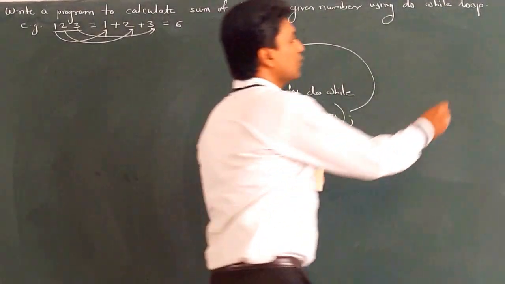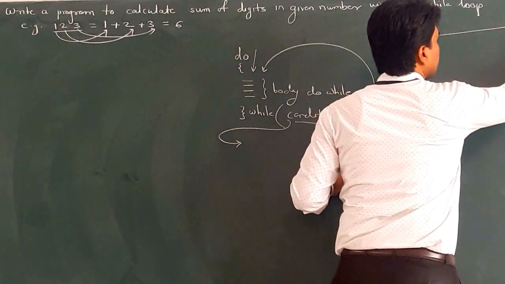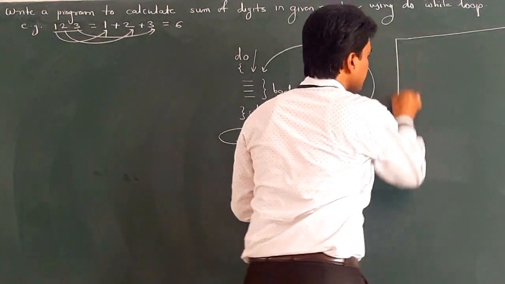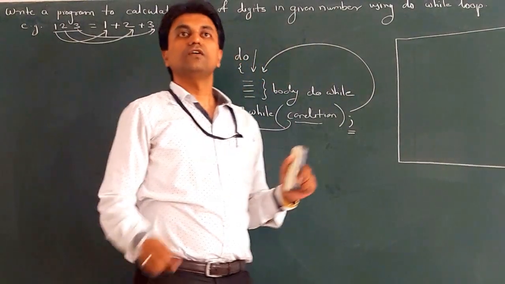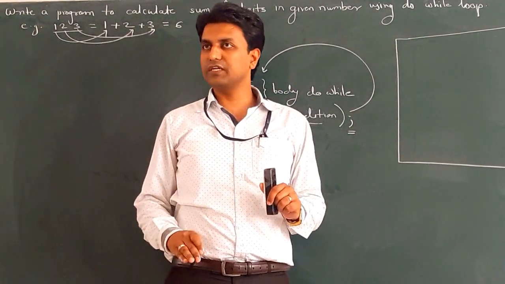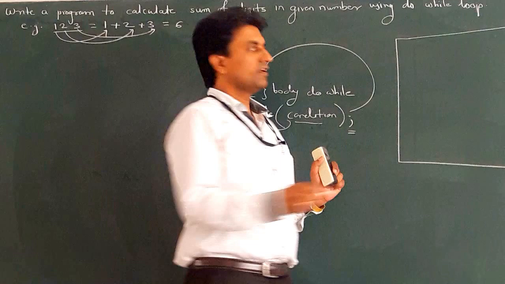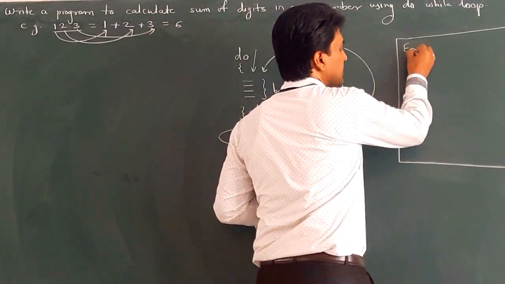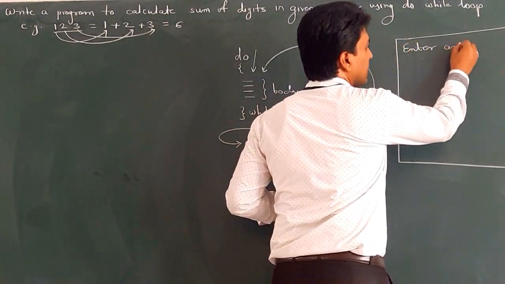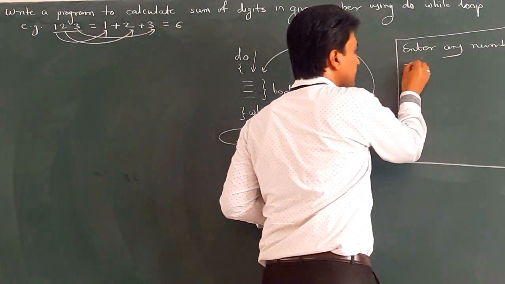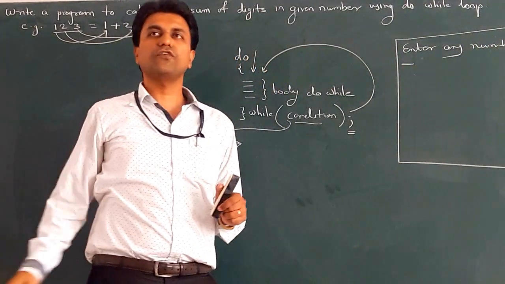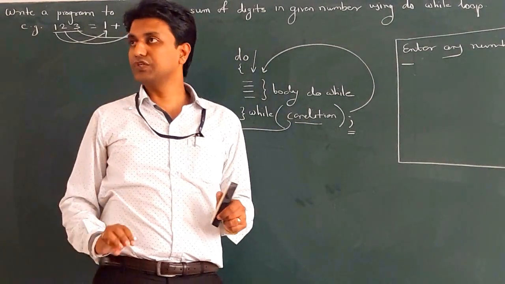So what does the output look like on the text mode window? This is your text mode window, also called the console. First take any number from the user; the user can enter any number. So the first message is: enter any number. After that, the cursor is blinking for taking the number from the user.